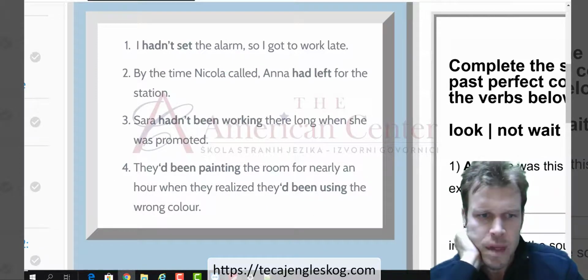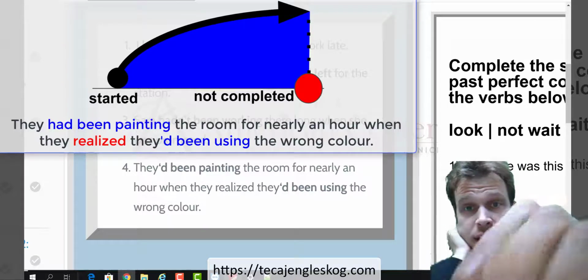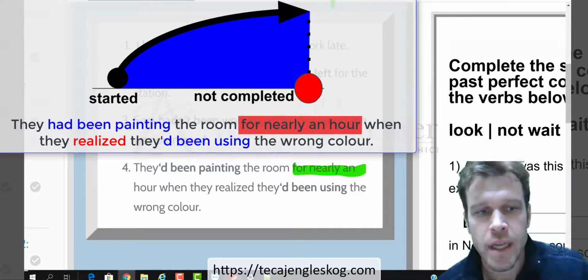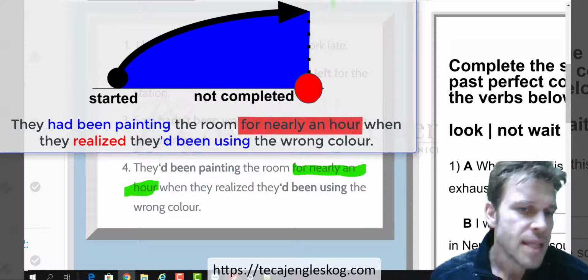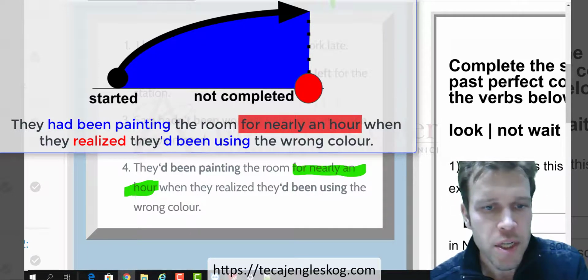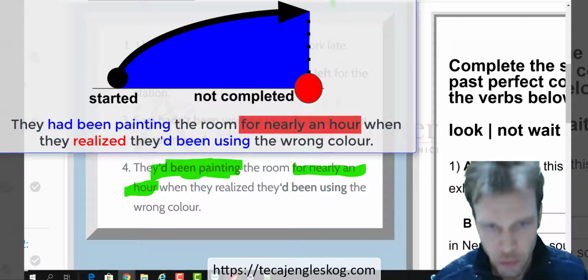The next one: they had been painting the room for nearly an hour. For nearly an hour, that's the period of time, so we're emphasizing time. We're also not emphasizing completion. They had been painting. They'd been painting is the contracted form.